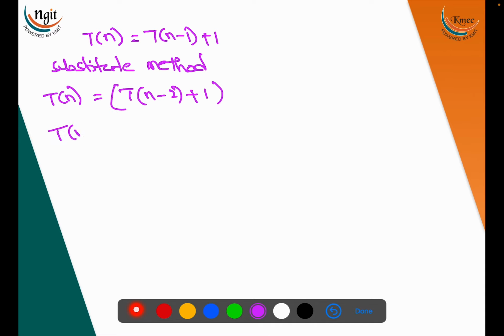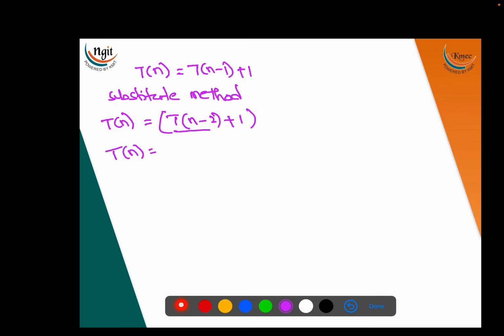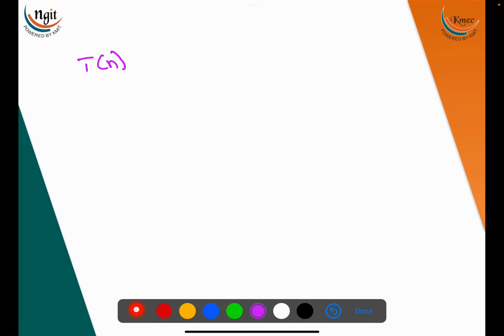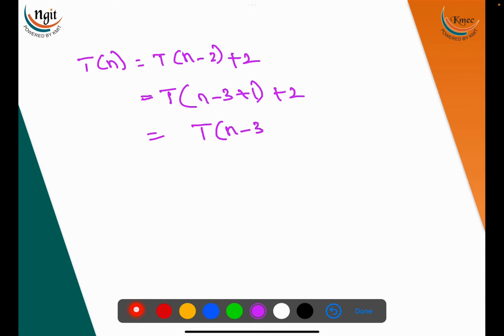Okay. Now, we found the T of n minus 2 value in the previous slide. T of n is equal to T of n minus 2 plus 2. Now, T of n minus 2 is what? T of n minus 3 plus 1 plus 2. Finally, T of n minus 3 plus 3.